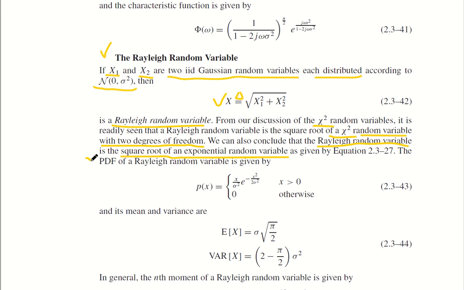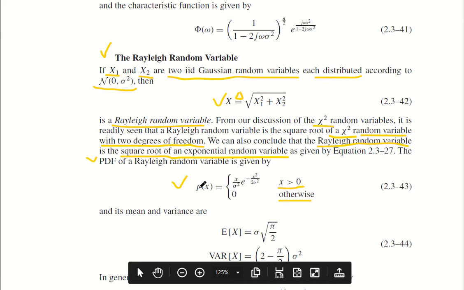And the PDF of a Rayleigh random variable is given by this, which is p of x equal to x over sigma squared times exponent minus x squared over 2 sigma squared for x larger than 0, and 0 otherwise.